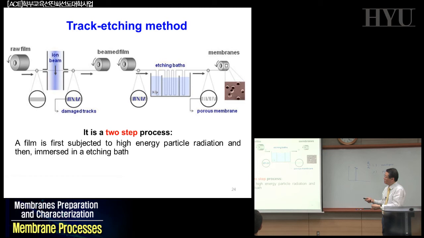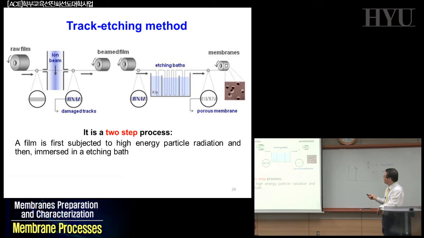After bombarding with these ion beams, in the second phase, the film is put into a liquid solution such as sulfuric acid. Then the region the beam passed through will be etched so that you can make a hole.